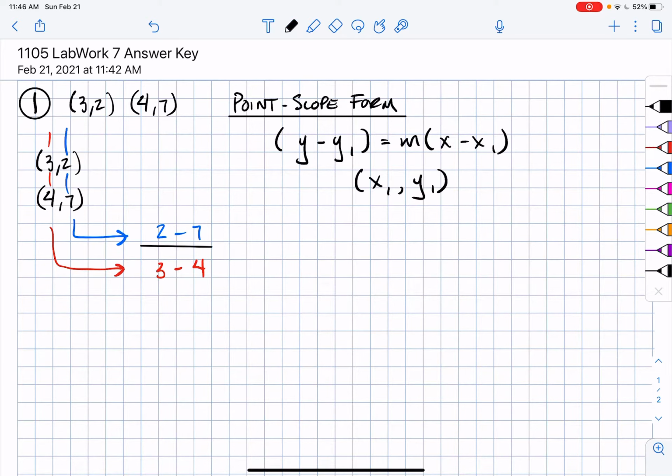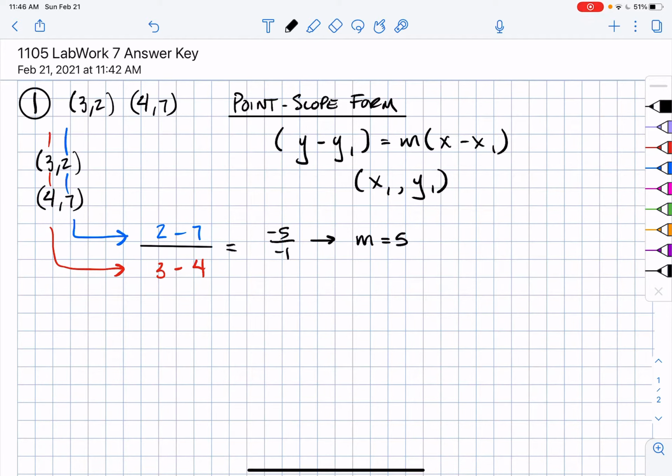Okay, so that keeps me organized and I won't get them mixed up. I will obviously keep the order of it. And the slope is the change in y over the change in x, or rise over run. So this is going to be a -5 over a -1. So therefore, my slope is equal to 5.